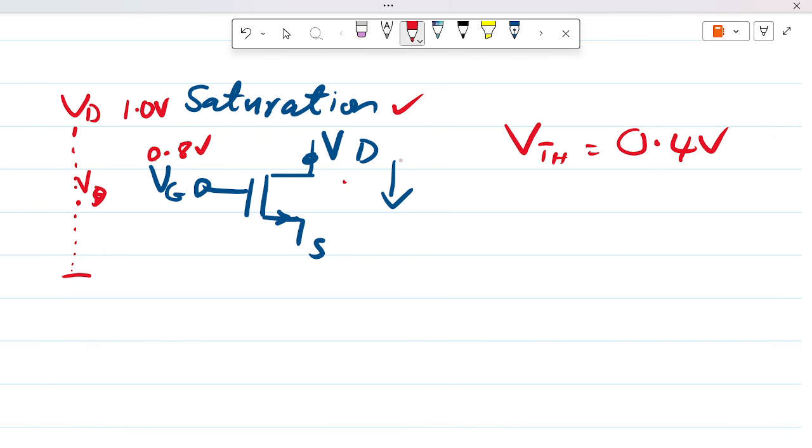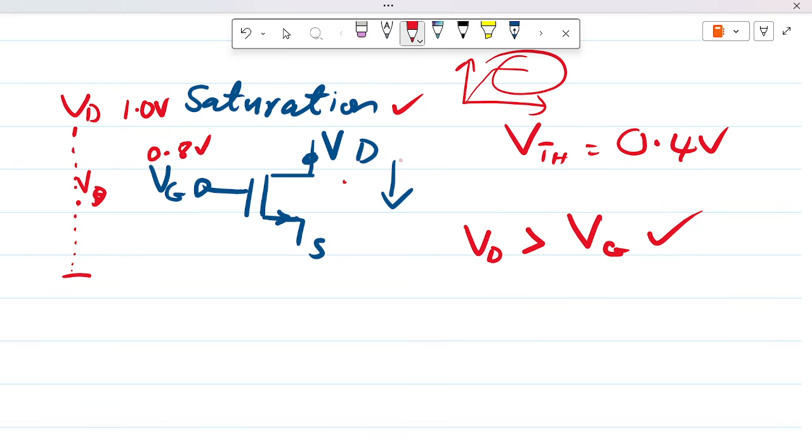In this condition, is the device in saturation? Yes, because VD is greater than VG, so there's no need to check. Once this condition is met, the device is in saturation, and we can operate the device as an amplifier because it can behave as a voltage controlled current source. Now we are somewhere around this region.